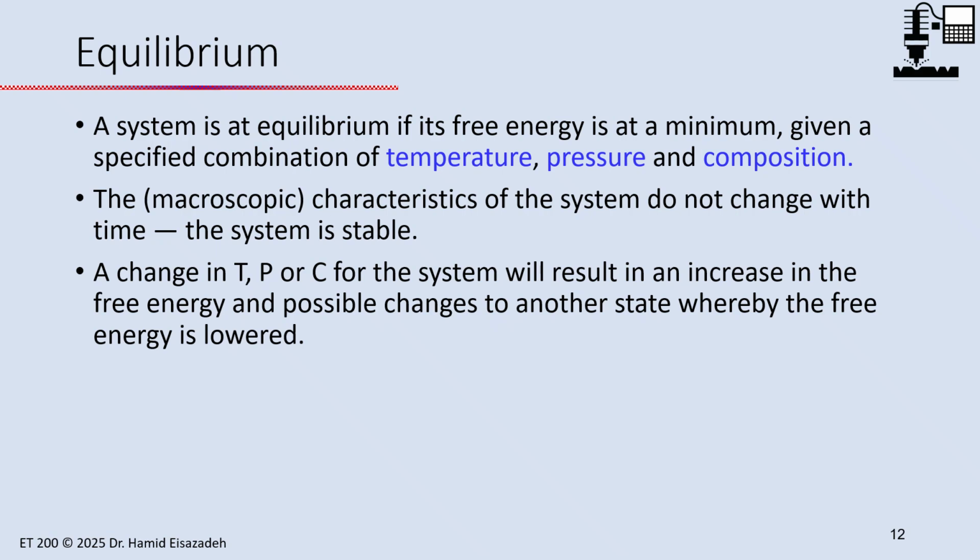A system is in equilibrium if the free energy is at minimum under some specified combination of temperature, pressure, and composition. If that happens, then a characteristic of the system do not change with time. So we call the system is stable.